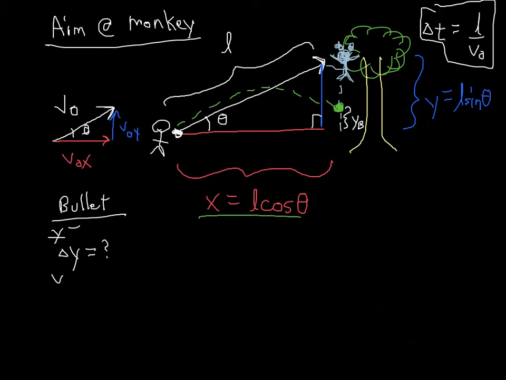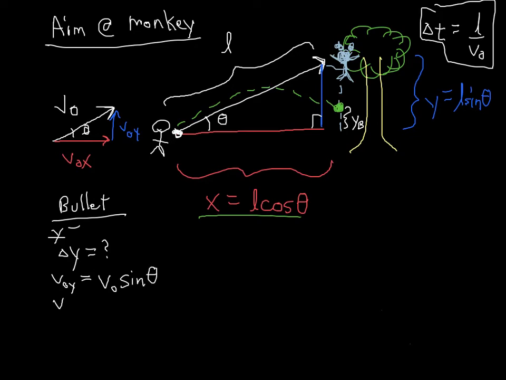My v initial in the y direction, well, I can come to my similar triangle over here on the left. V initial in the y direction is my blue. It's pointing up and down. It's on the opposite side from this angle. So my v initial in the y direction is going to be v initial times the sine of the angle.